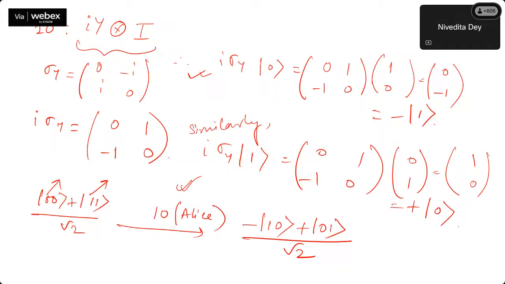Okay. Now the next is if Alice wants to send 11, then the operation is Z tensor I. So initially it was (00 plus 11) by root 2. And we know that on application of Z tensor I, it will act on the first qubit, this qubit.